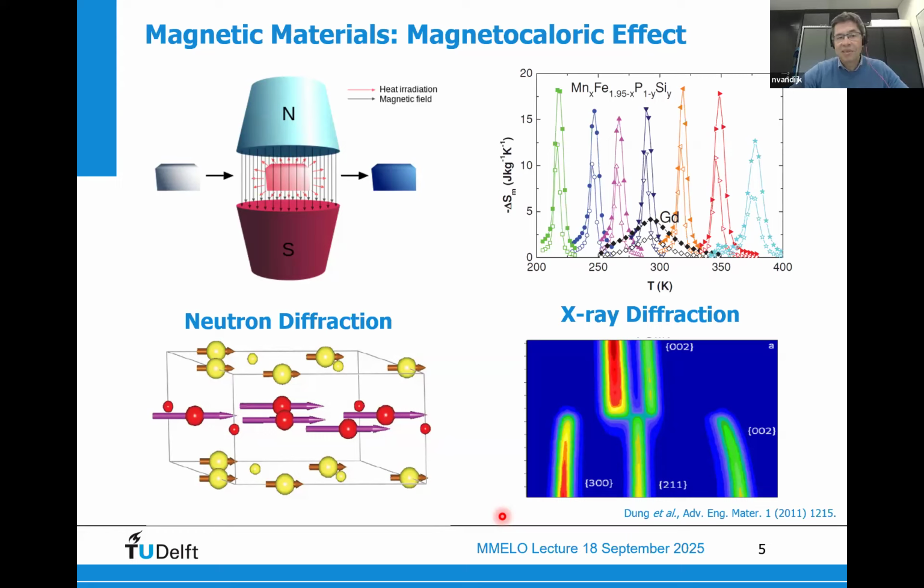So if you do this movement under adiabatic conditions, that there's no energy transfer, then you will see that because the total entropy is conserved, if you then reduce the magnetic entropy, it has to go somewhere, which means that the lattice will heat up. If you then wait until it gets the same temperature, if you then pull it out of the magnetic field, you'll see that the sample is cooling. So you can actually build this in a cycle and make a magnetic refrigerator.